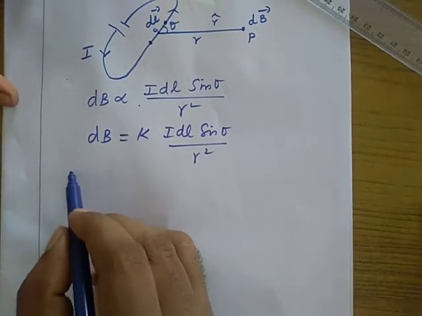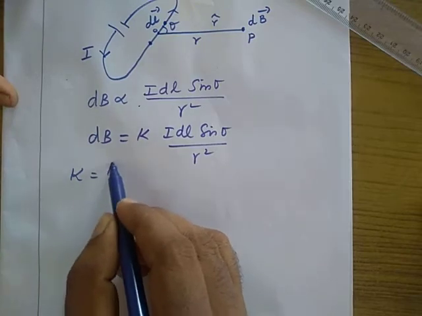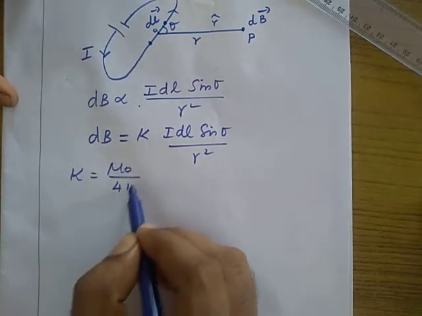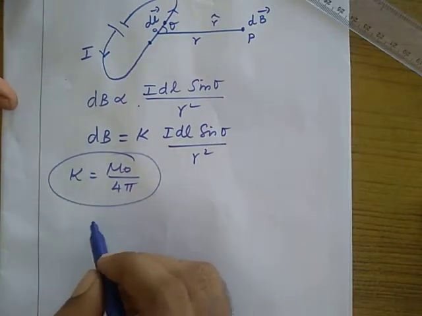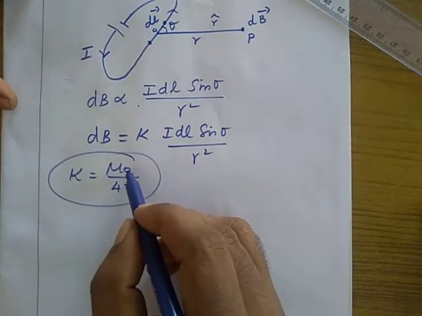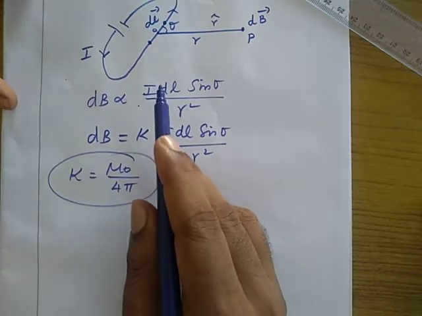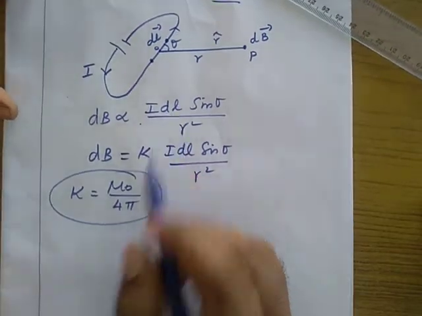We know the value of k is equal to mu naught by 4 pi, because it is a magnetic medium. Here mu naught represents that we are placing the conductor in free space, vacuum or air.